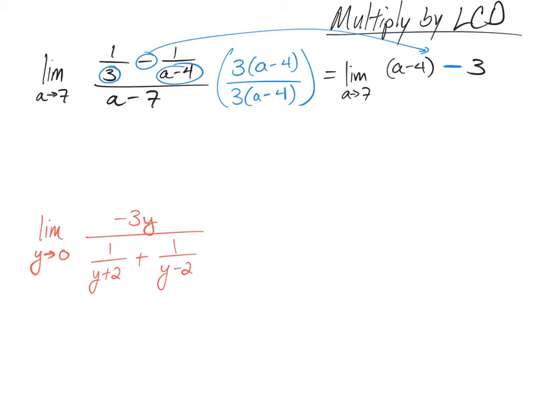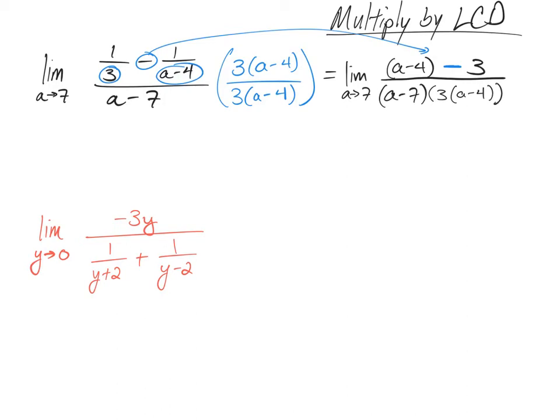So in the denominator, we will not multiply all of this out. We will just leave it as is. The entire point of multiplying by the LCD is to get rid of the fractions in the numerator, get rid of the little fractions. So in the denominator, we will be left with a minus 7 times 3 times a minus 4.